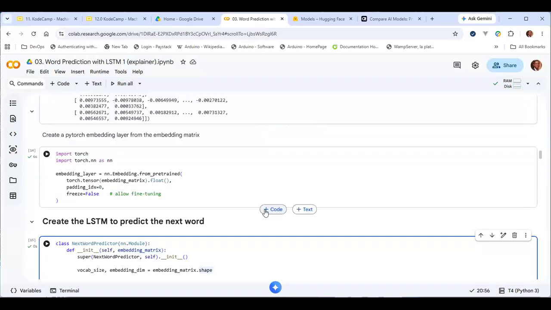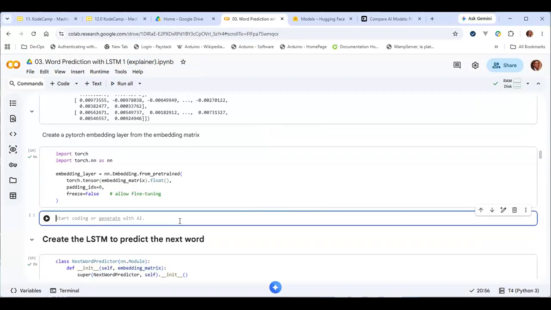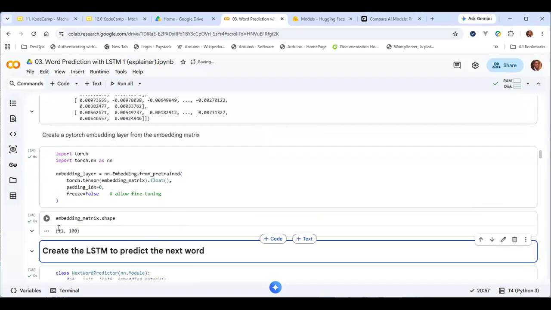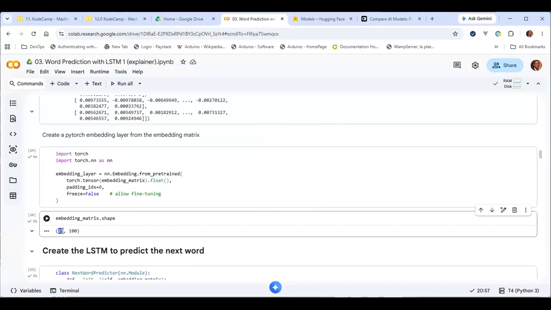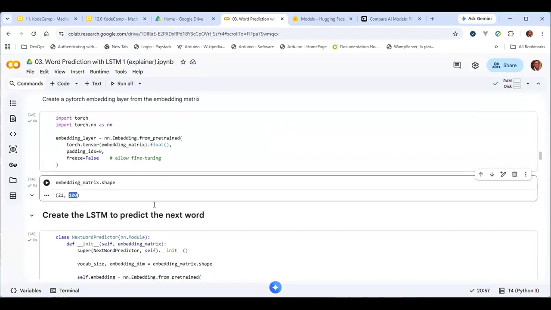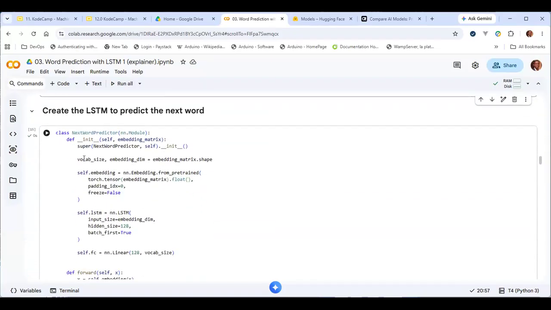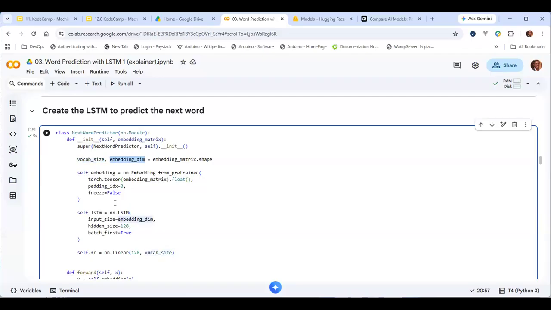The shape of this embedding matrix is going to be vocabulary size by embedding depth, right? The vocabulary, there are just 20 words. There are 20 words. This extra one is for the padding that we put at position 0. So we get the vocabulary size and embedding dimension.